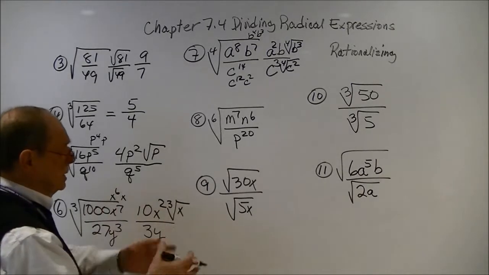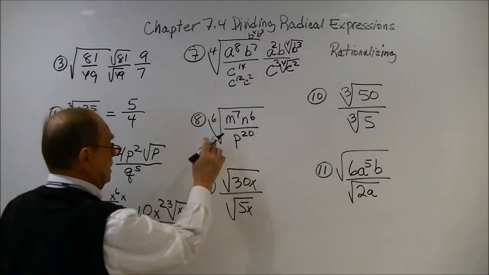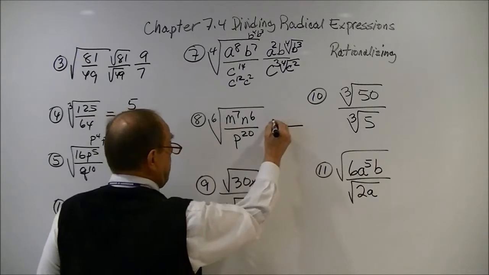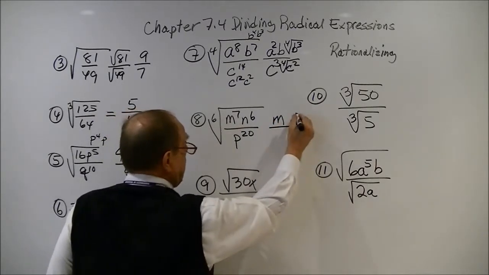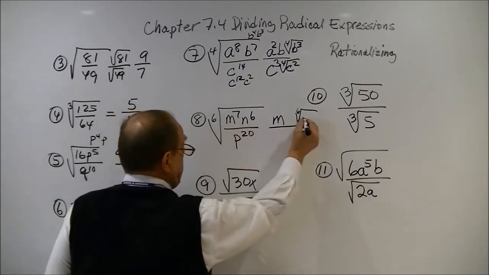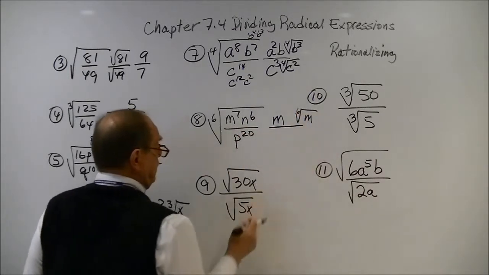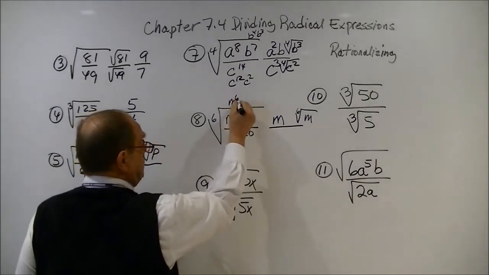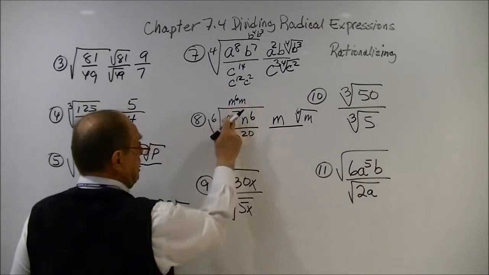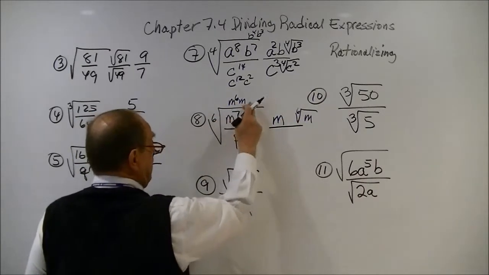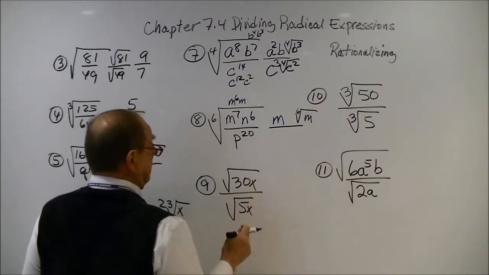And then you're doing similar things down here. In our numerator, we can take out an m, and we're left with a m under the radical sign. Let me just do that for you. That'll be m to the 6th, m. So the 6th root of m to the 6th is m, and we're left with 1 under the radical sign.